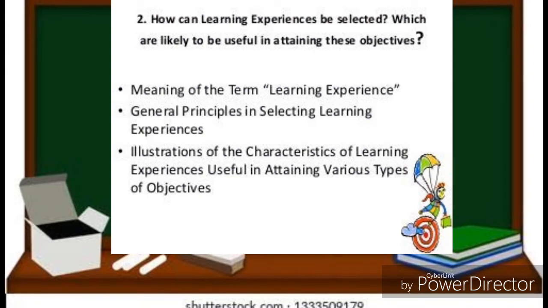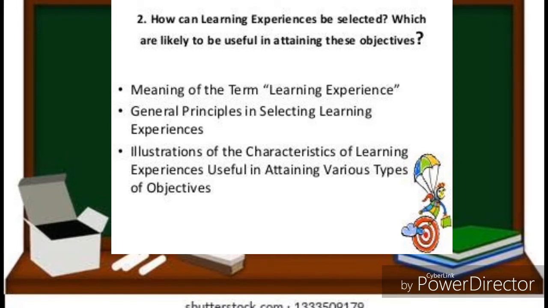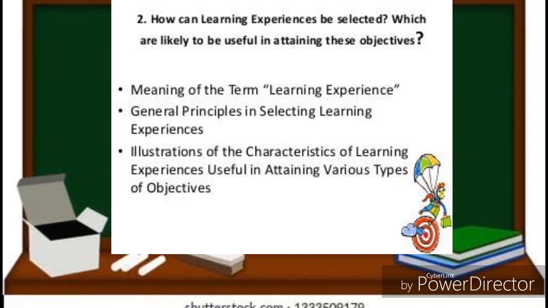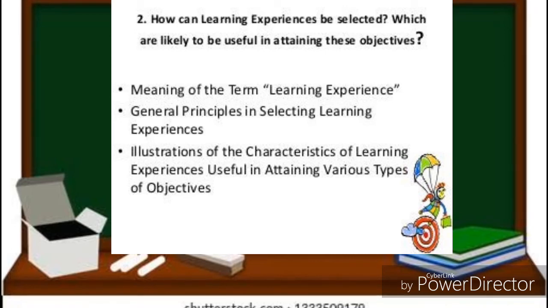Second, how can learning experiences be selected which are likely to be useful in attaining these objectives? So, first, meaning of the term learning experience. Second, general principles in selecting learning experiences. Third, illustrations of the characteristics of learning experiences useful in attaining various types of objectives.